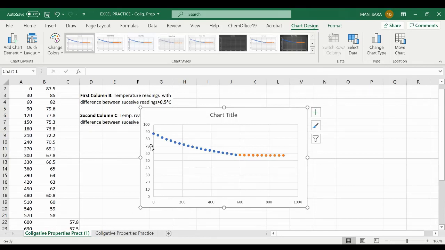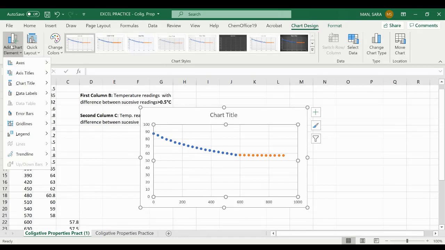We can change the scale, because the scale starts at 0 and our values start at 50. So we highlight the graph. And then we go to the upper left, add chart element. And here we have everything.